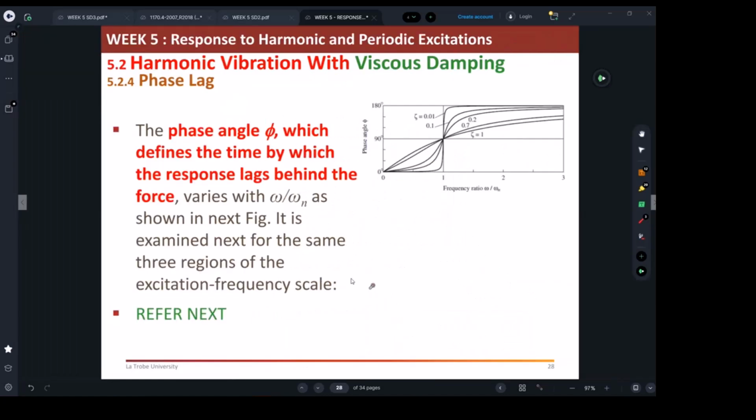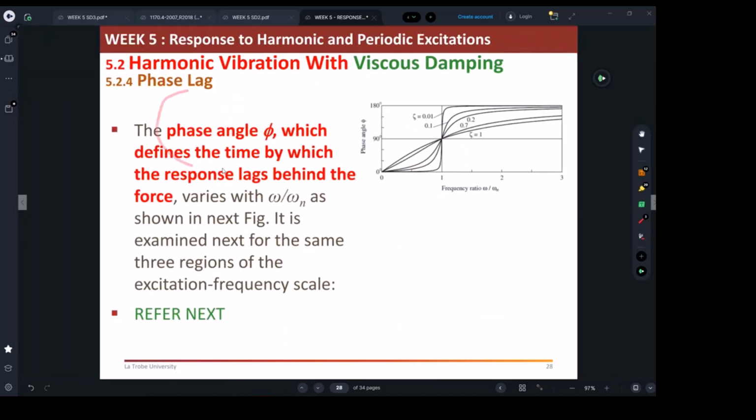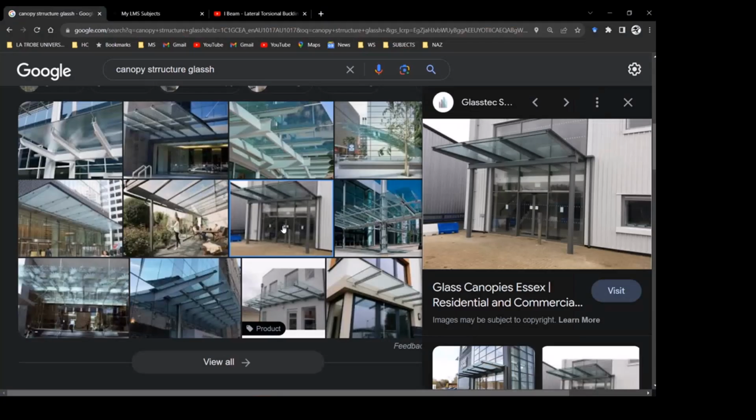The phase angle is also sensitive, although I did tell you it won't really matter a lot for engineers. Even in canopy designs, nobody will care about when the glass will be amplified, or those shear lags or frequency lags, when they reach their amplitudes compared to the excitation.